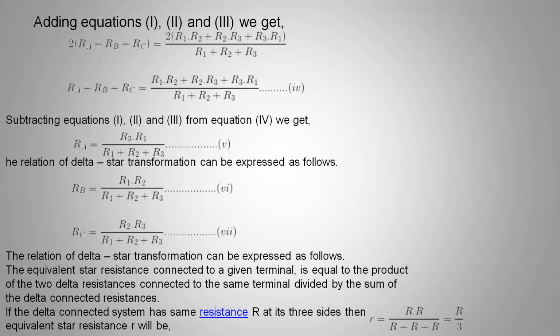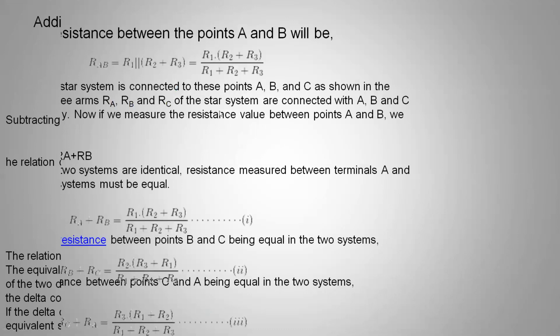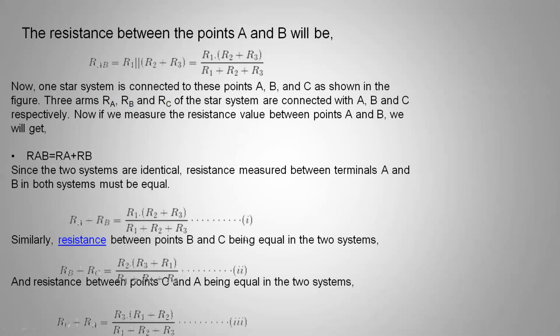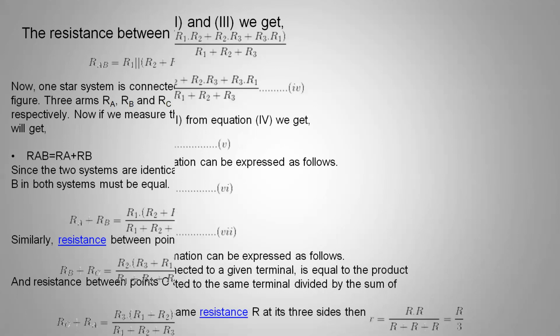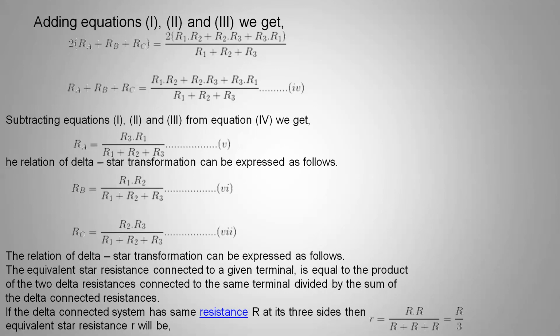Subtracting equations, the star system is equal to the delta system. From this, you are subtracting one equation, two equations, three equations. So with the three equations subtracted, the relation of delta to star transformation can be expressed as RA.